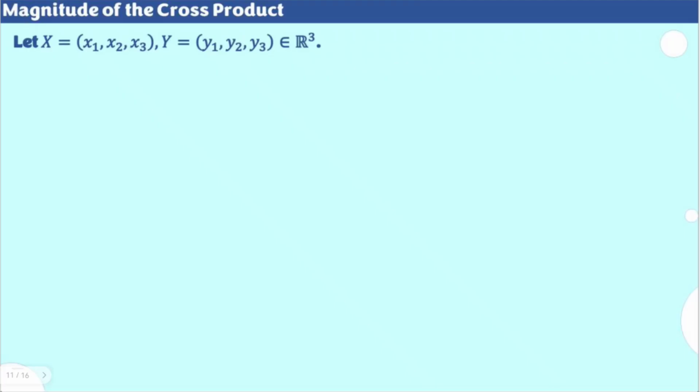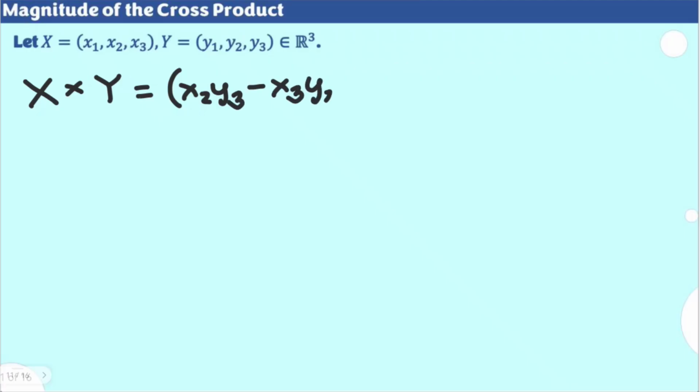So if we're talking about the formula for the cross product, let's say for vectors x and y, x cross y is represented by these components. You have x sub 2, y sub 3, minus x sub 3, y sub 2. Then you will have x sub 3, y sub 1, minus x sub 1, y sub 3.